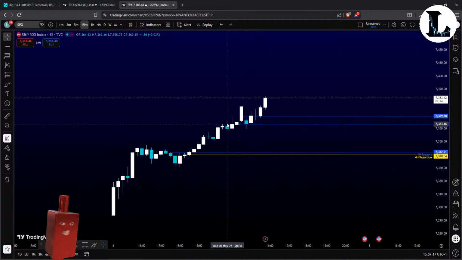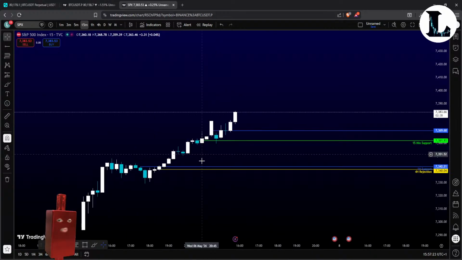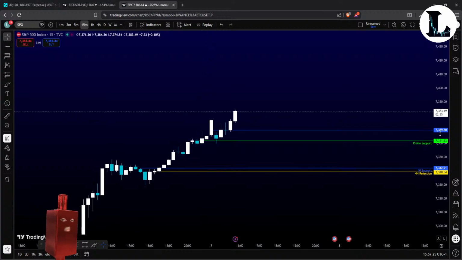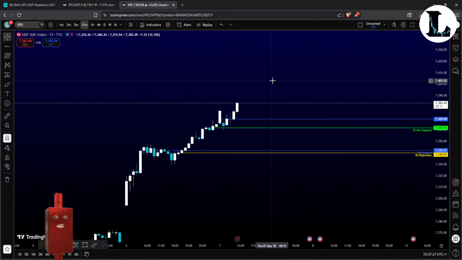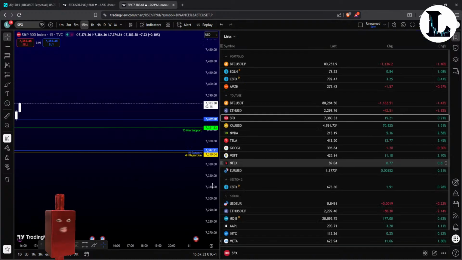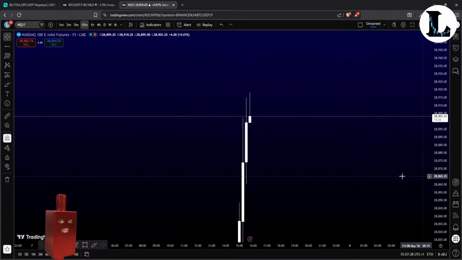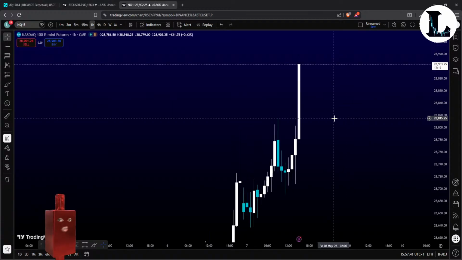Okay, 15-minute support. We are just creating new all-time highs. So there is not much more to say here on the SP. I think Nasdaq is doing pretty much the same, right? Yes, it is. Even stronger, I think.